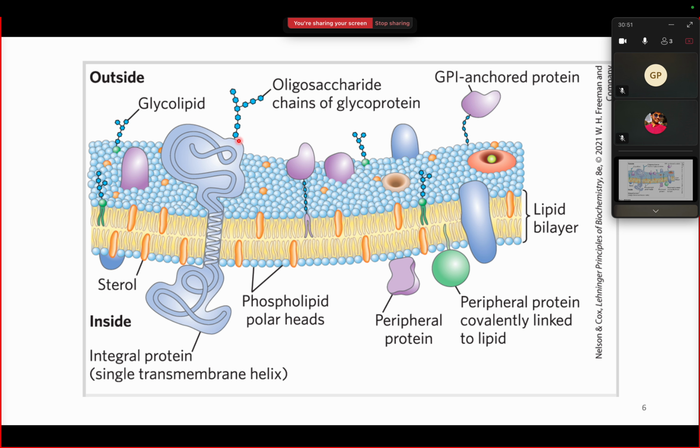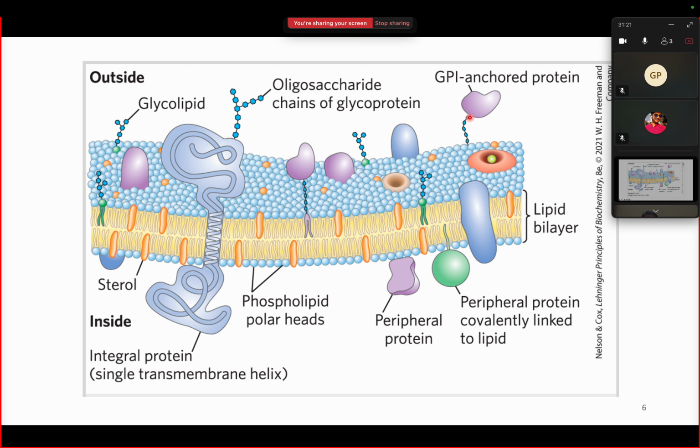Those carbohydrates can either be associated with the lipid of a cell as well as with the proteins which are associated with the membrane. Okay, then GPI anchored proteins, we're gonna spend a lot of time in understanding the type of proteins and protein structure in general. So for now, just take it by its name. GPI anchored proteins are the proteins which are associated with the plasma membrane, and they have a linker molecule which links the protein, this purplish structure, to the membrane.